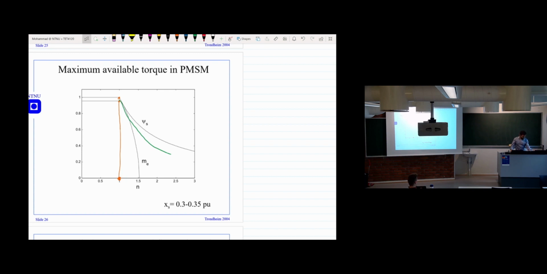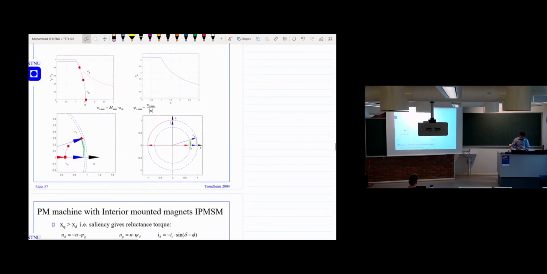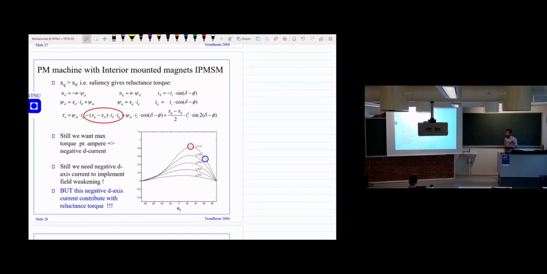surface-mounted PMS machine. Then I want to discuss the IPMSM. I will not discuss those figures. Then I want to discuss the interior mounted machine.